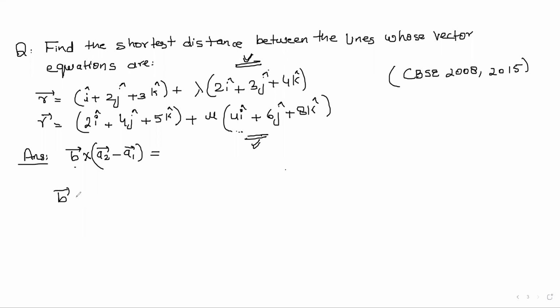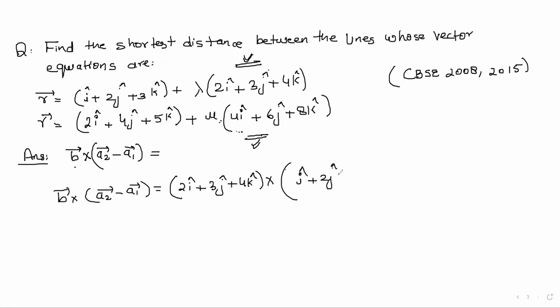What is B? B is this. Take out 2 common from here, so this will also be a B for you: 2I cap plus 3J cap plus 4K cap. Cross product A2 minus A1. So subtract this: 2 minus 1 is I cap, 2J cap plus 2K cap.